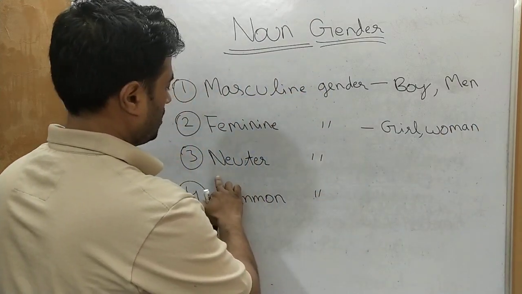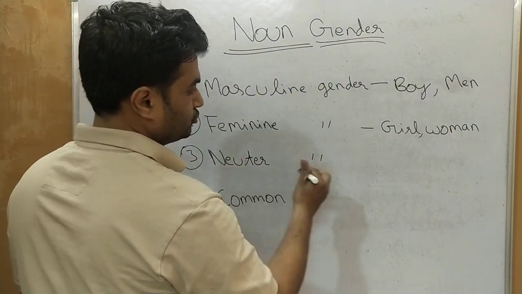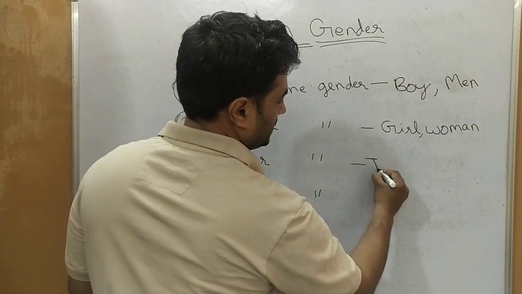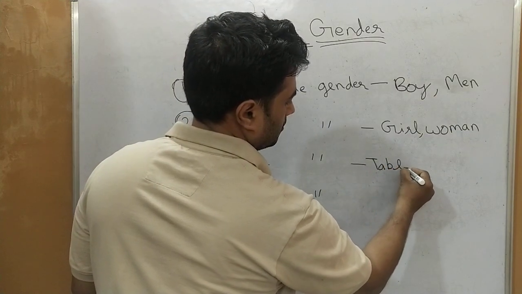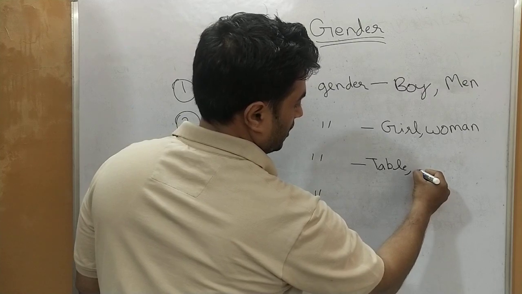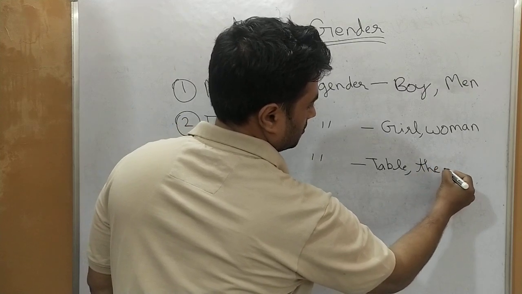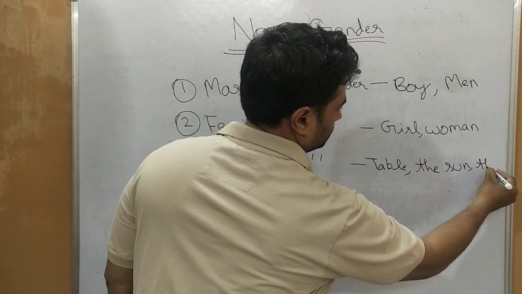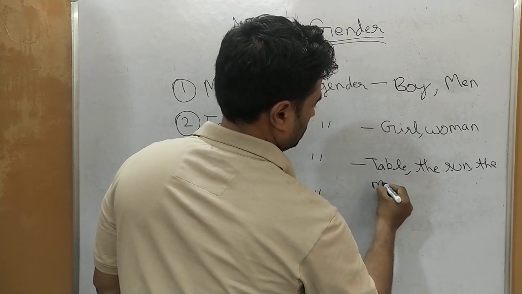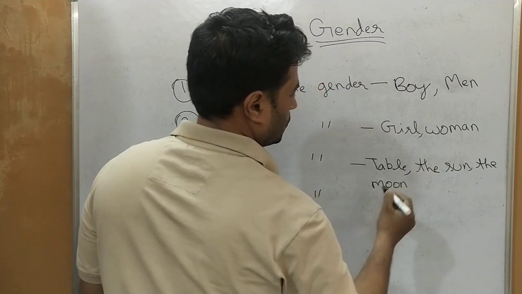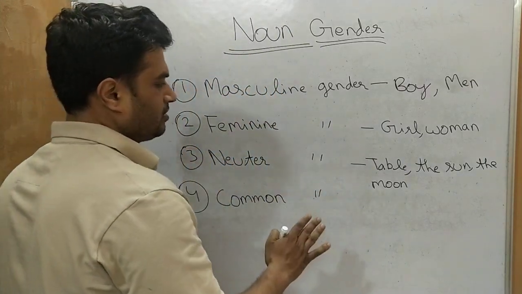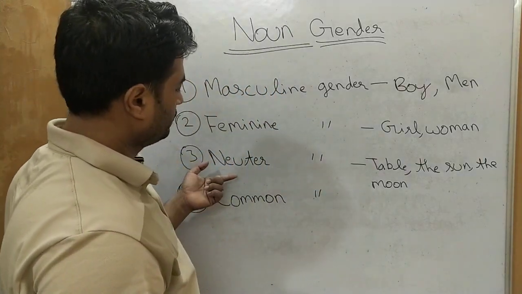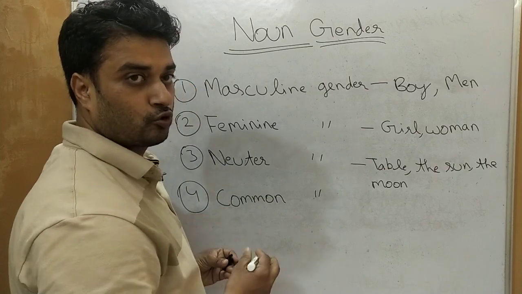And under the category neuter gender, we will put table, or you can say the sun, the moon, and we will put anything under the category neuter gender which does not have life.